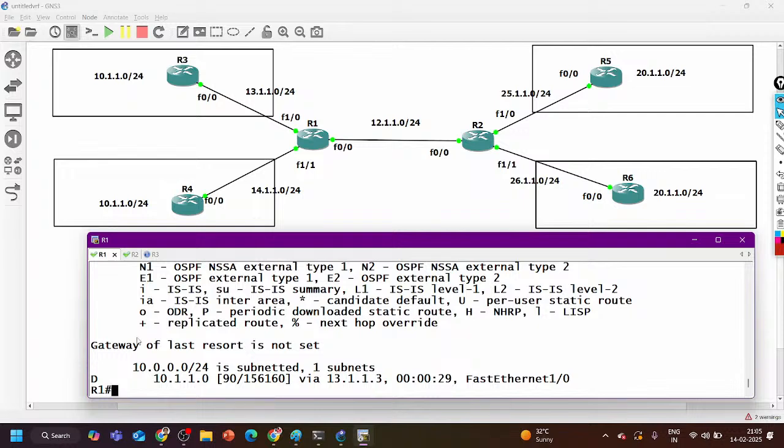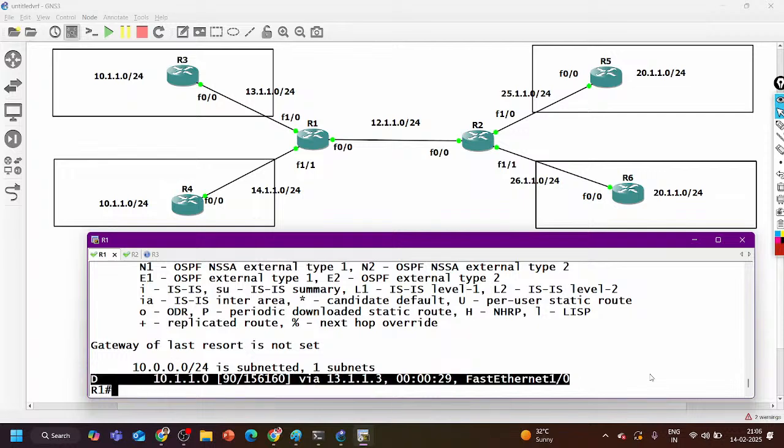So you can see the 10 subnet through EIGRP. Okay, like this you can configure any protocol here, BGP, OSPF, EIGRP or RIP, but make sure you enable the routing protocol for the particular VRF.